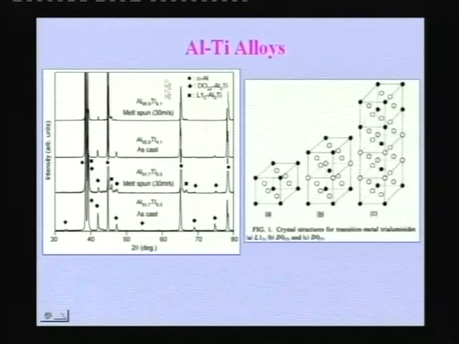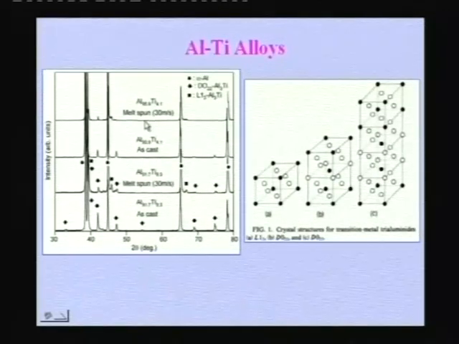If you look at these various aluminum alloys, with about 4% titanium and about 8% titanium, two different alloys have been shown here. One is an as-cast structure. In the as-cast structure, you have nothing but aluminum peaks, and the peaks in between are the DO22 Al3Ti peaks.